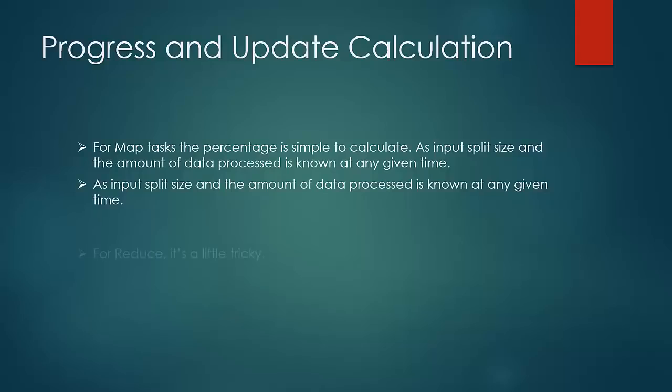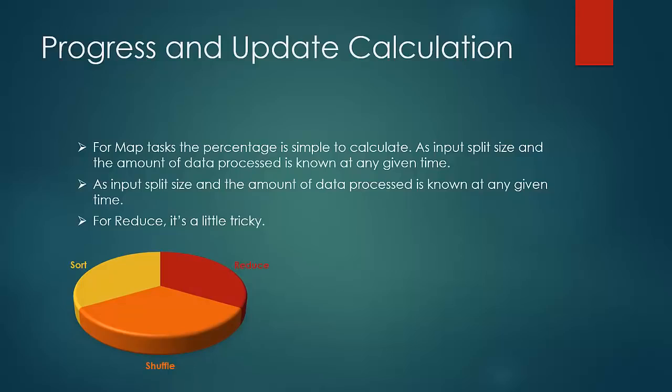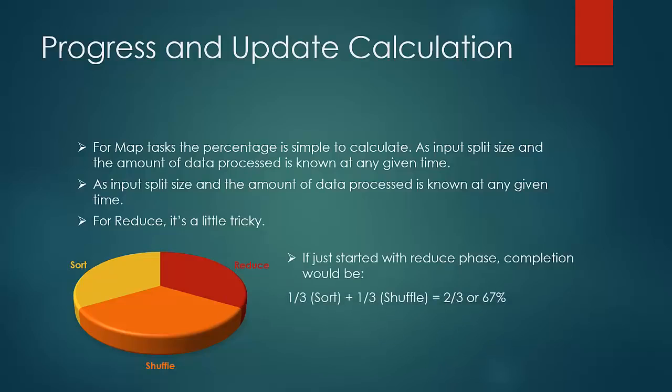For reduce, it's a little tricky as three things, sort, shuffle, and reduce, contribute to the total amount of work. So for the calculations, the effort contribution by sort, shuffle, and reduce is considered to be 1/3 each. That means, in case the reduce phase hasn't even started, the completion status would be 1/3 contributed by sort plus another 1/3 contributed by shuffle, that adds up to 2/3, that is 67%.